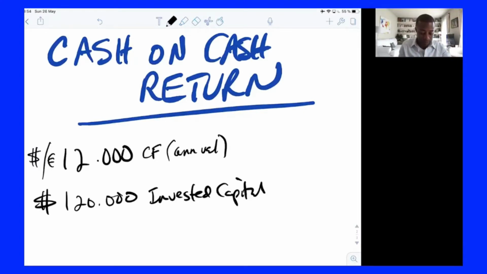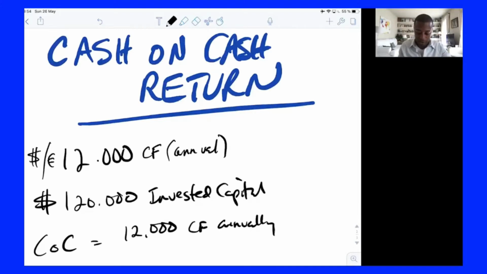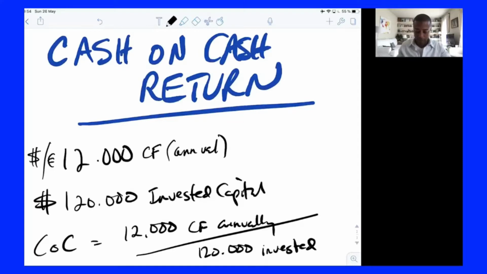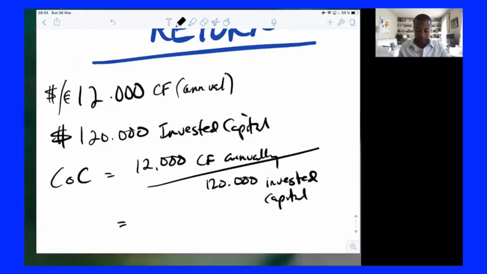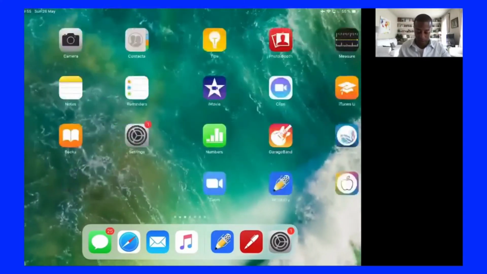So basically, for the cash on cash return, we look at your 12,000, which was the cash flow you received annually, divided by the 120,000 that you put in as invested capital, right? Which should give you, if my calculation is correct, let's take a look real quick.